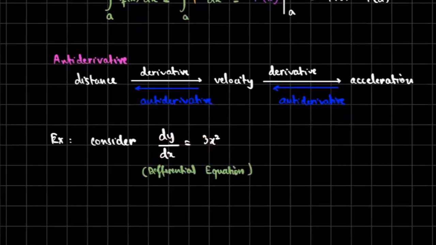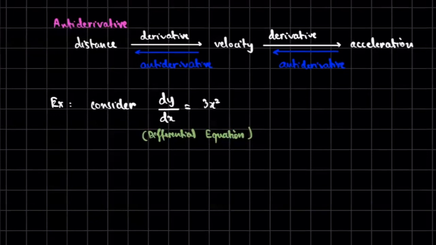And when you have a differential equation, you want to find the representation of the function y in terms of x. In a way, what is the function y such that when you take the derivative of y, you get 3x squared? So that's the question that we want to address: what function y such that dy dx is equal to 3x squared?